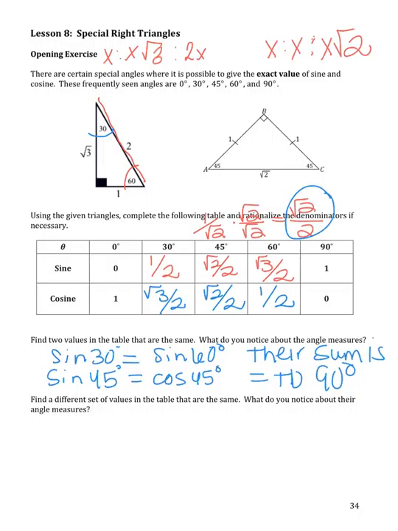Find a different set of values in the table that are the same. Well, we can see that sine of 0 and cosine of 0 have two different values.